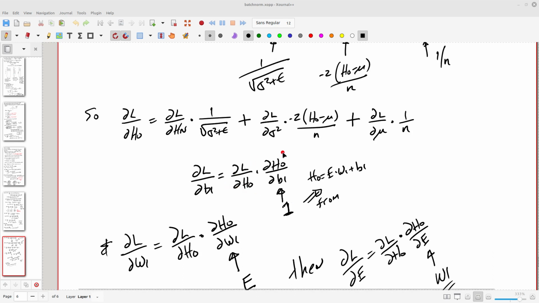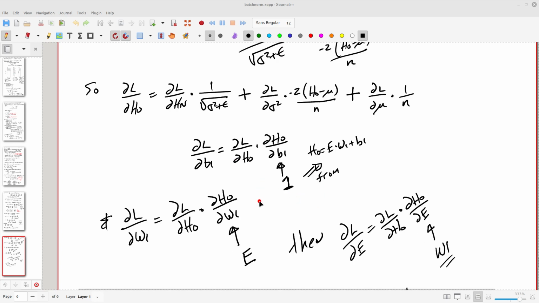And now we can work out the loss with respect to B1. That's very simple, because all of the work was done getting the loss with respect to HO, which is this here. And HO with respect to B1, well, the derivative of HO with respect to B1 is just going to be a 1.